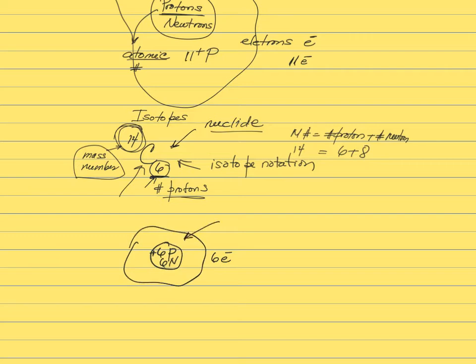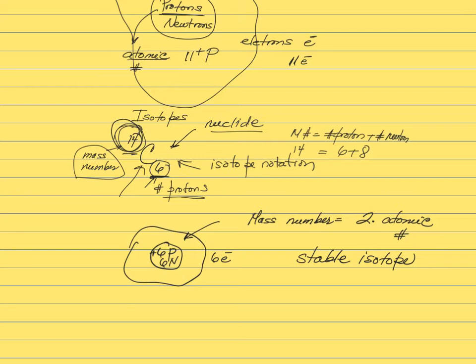When the mass number is equal to twice the atomic number, you have a stable isotope. Over here we don't have a stable isotope. What's going to happen? I'm going to teach you in the next class.